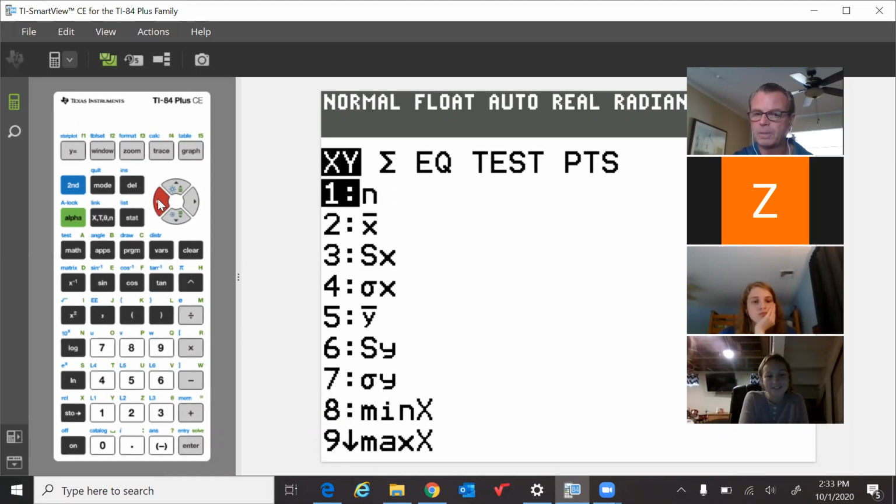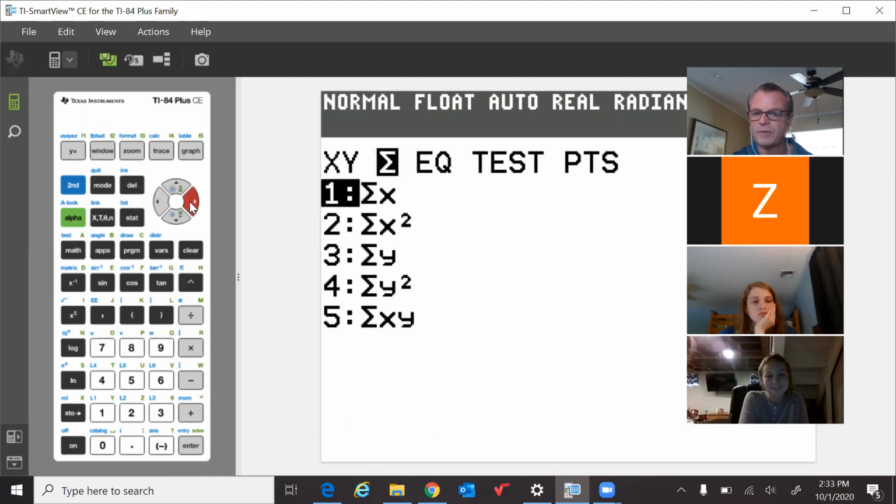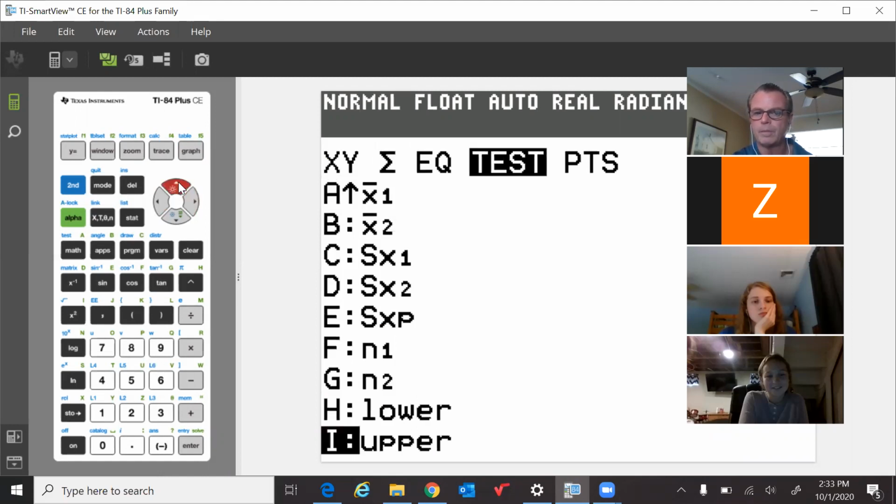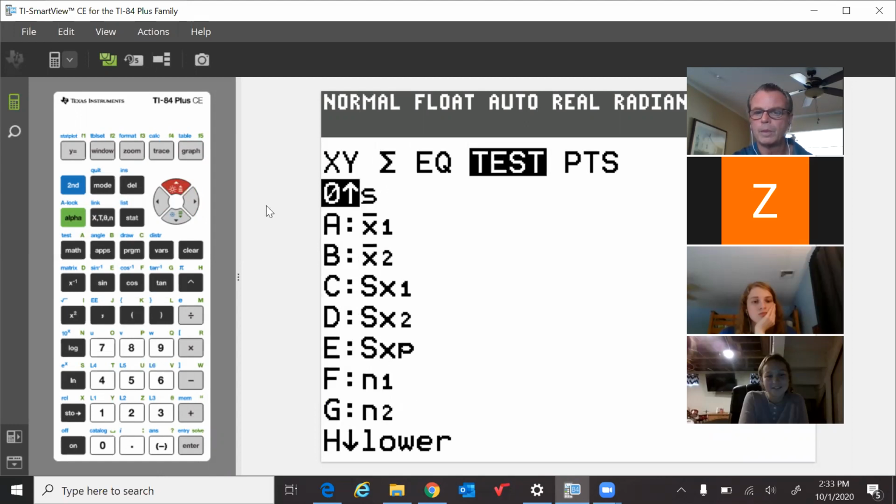This is the only place to find the standard deviation of the y values. It's here, in the TEST drop-down menu at 0. You can't find it in the catalog.